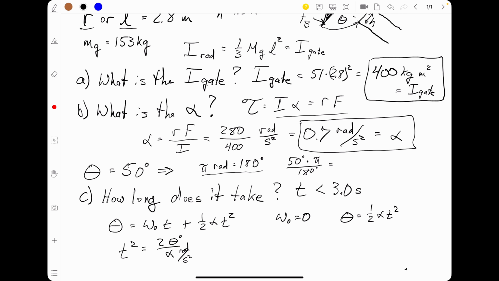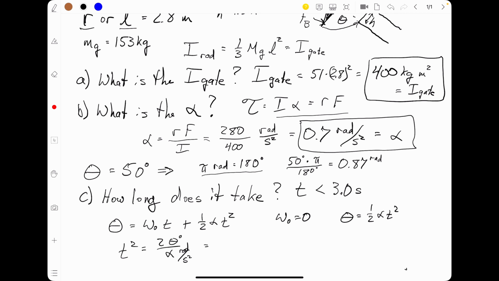And that's like multiplying by 1. I'm going to end up canceling out my degrees, and I'll end up with radians. So 50 divided by 180 times pi is going to be 0.87 radians. That's so much better.